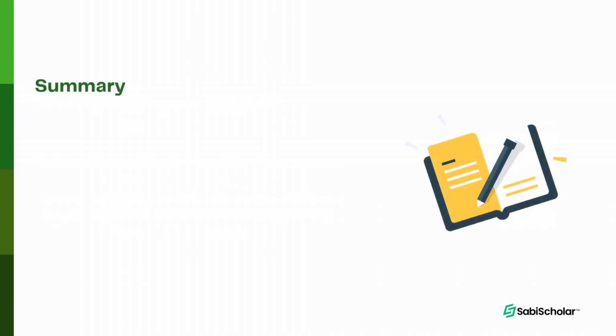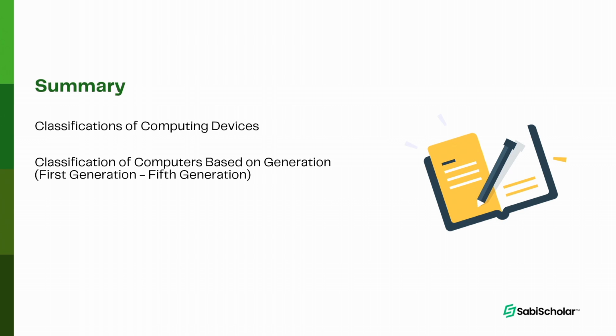So, in summary, we've looked at classifications of computers based on their size and based on the generation they belong to. Basically, that's what we've looked at.